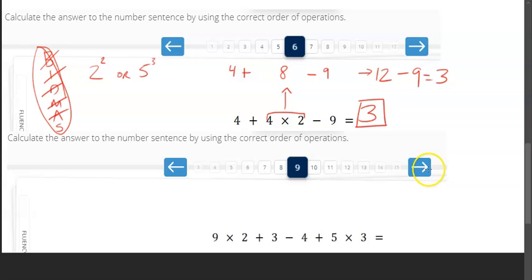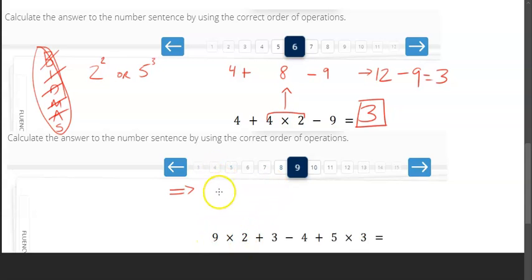Calculate the answer to the number sentence by using the correct order of operations for this one here. Now we notice that there are multiple multiplications. Because we have a 9 times 2 and a 5 times 3, we can write our next line having worked both out at the same time.